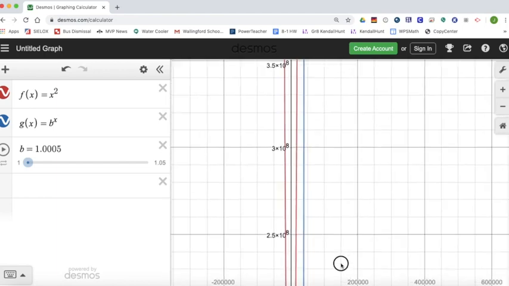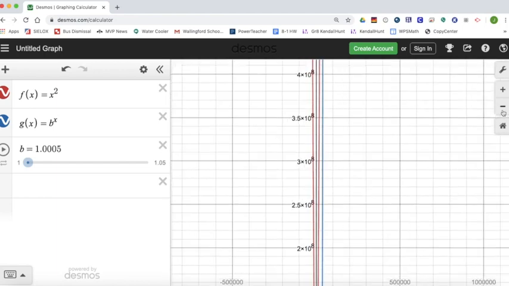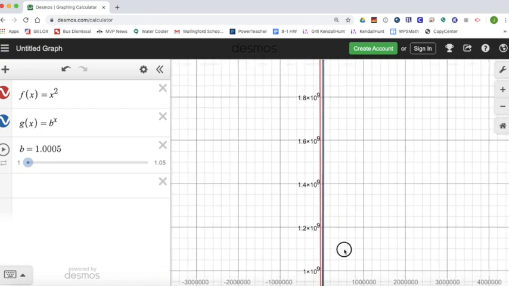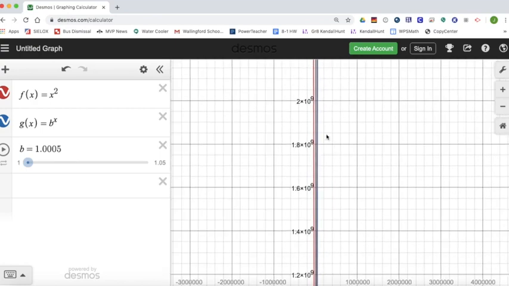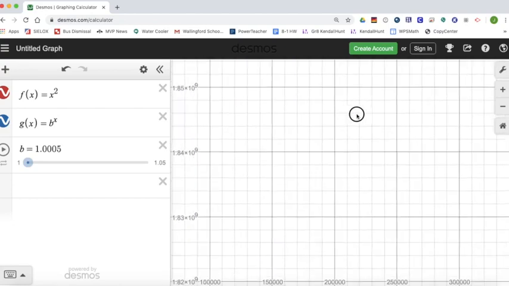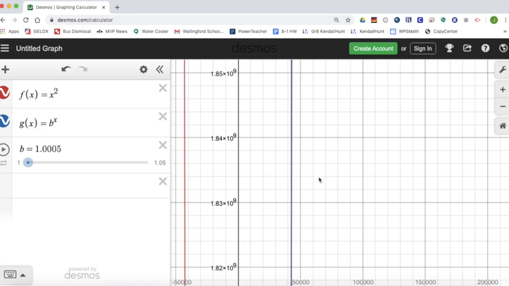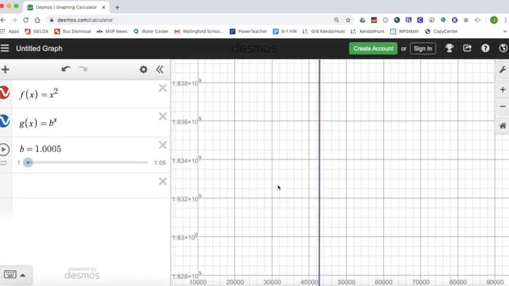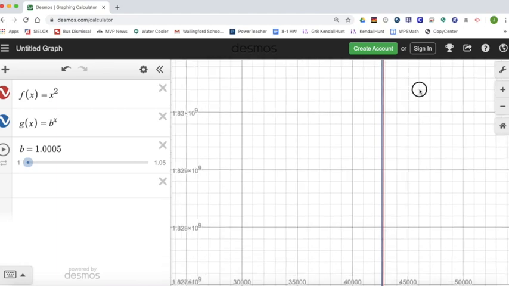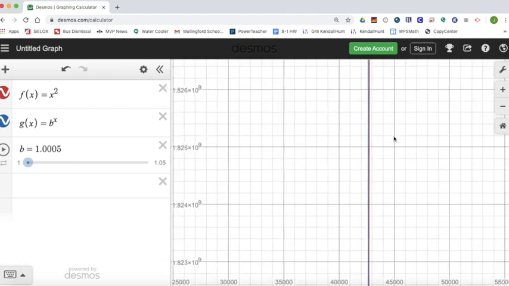What am I doing? That's like half of a percent interest up here. Good golly. Can't even see what I'm doing anymore. Oh, see, there they are. They've intersected right here. You can see it. The blue crossed the red right down here.